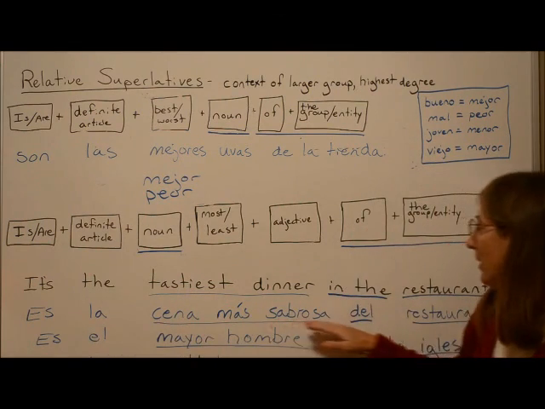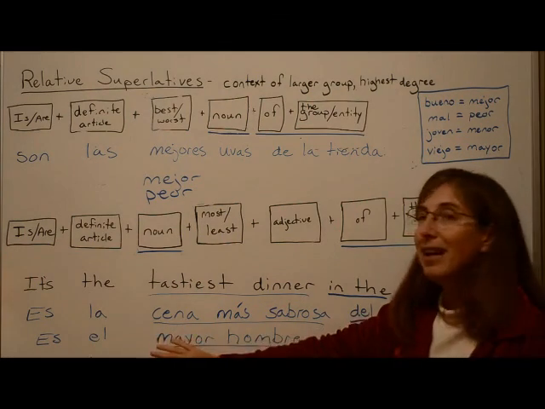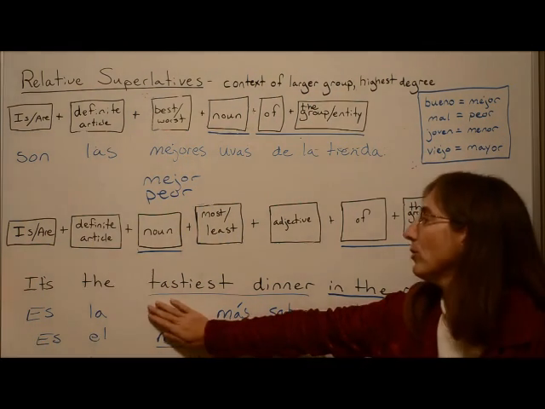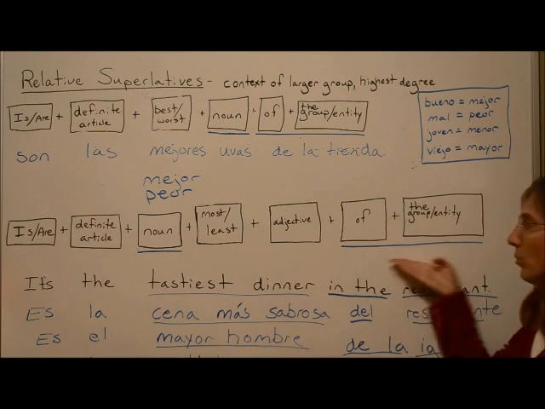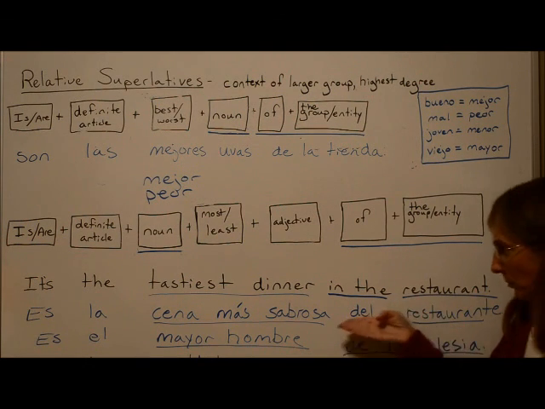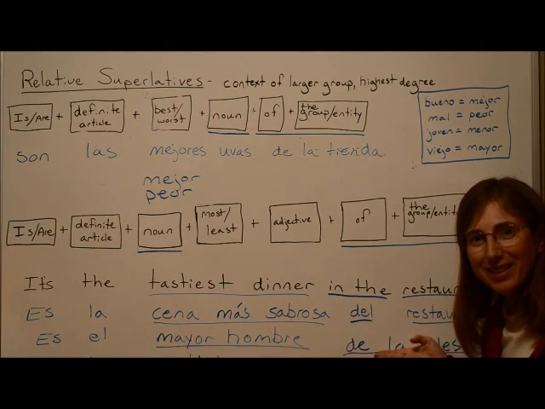Es la cena más sabrosa del restaurante. We could say, es la más sabrosa, okay? We could leave out cena and just say, es la más sabrosa. We could also leave off el restaurante. We could say, es la más sabrosa del restaurante.